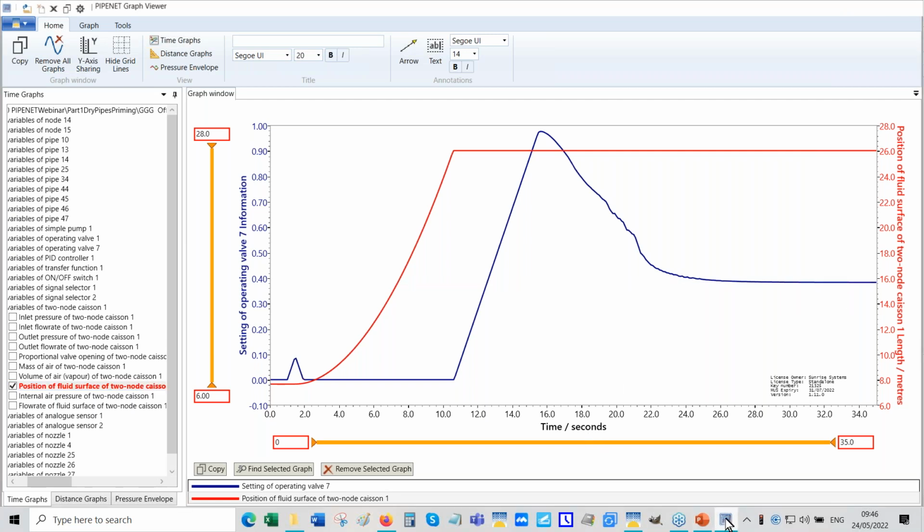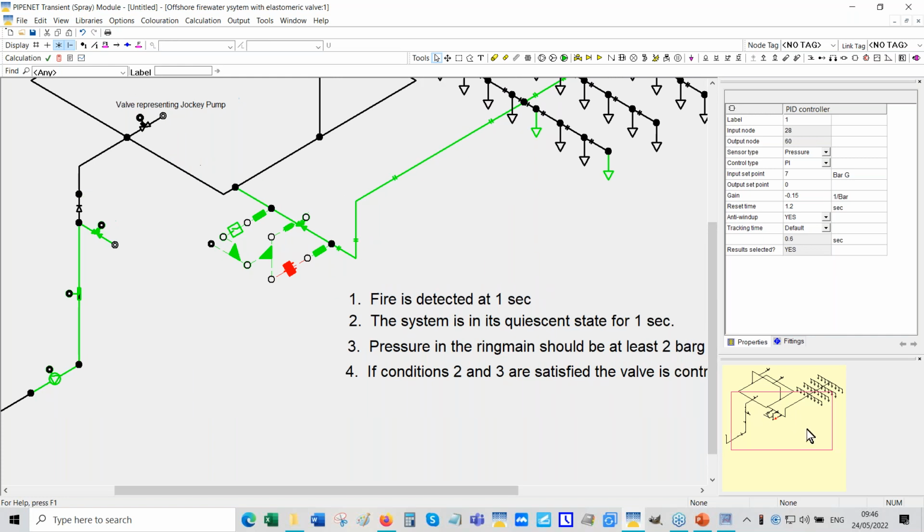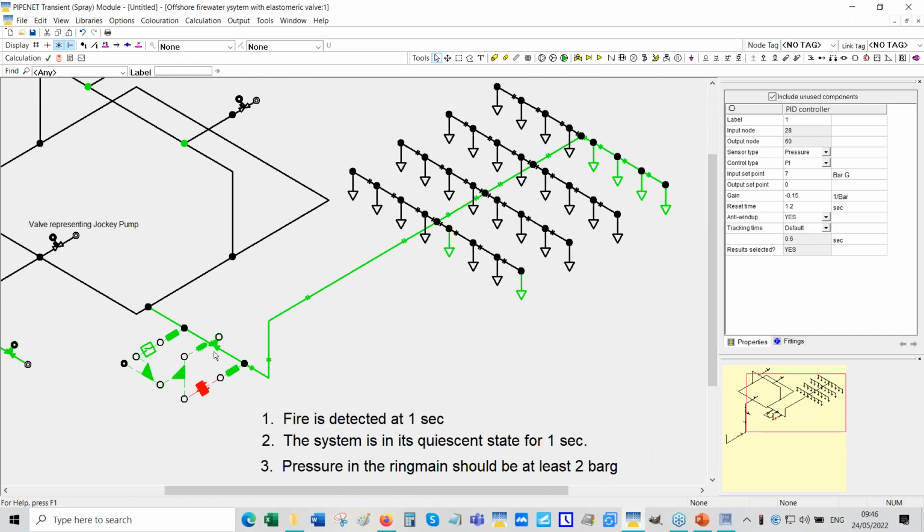Okay, so that's the main point about this model I wanted to show, how to model the elastomeric valve. You've already seen the dry pipe part of that, so there's not a great deal of merit in going through all that because it'll take time.